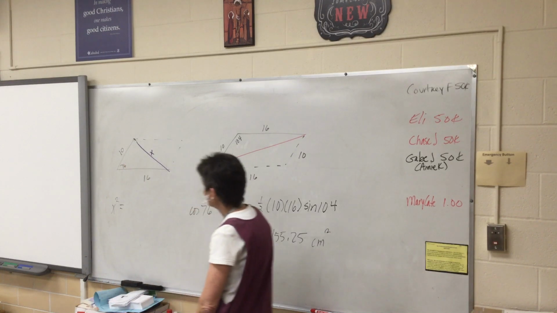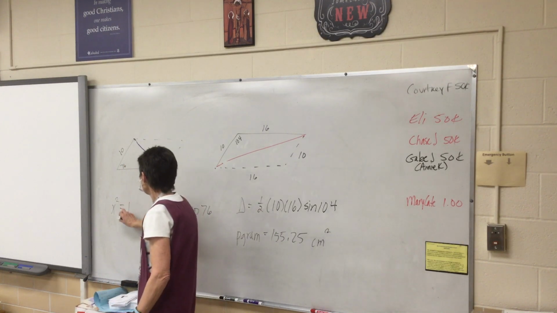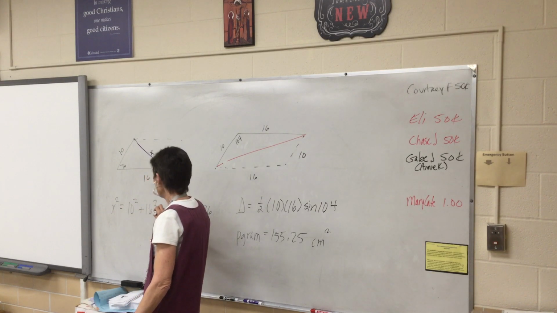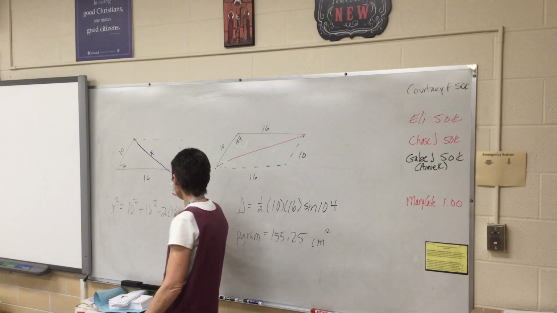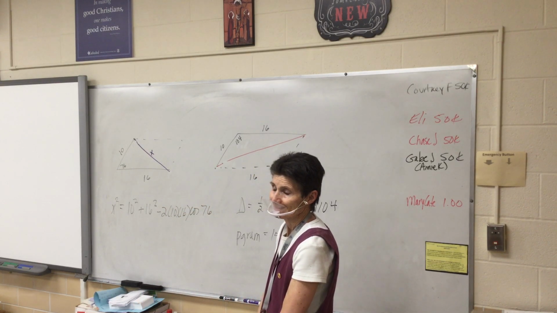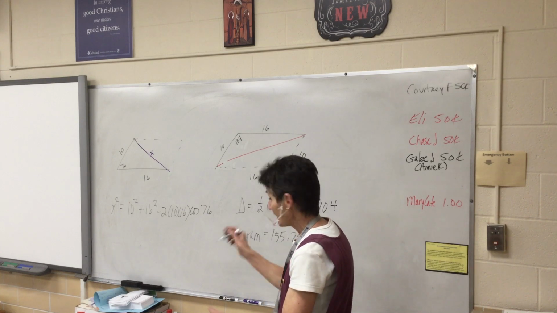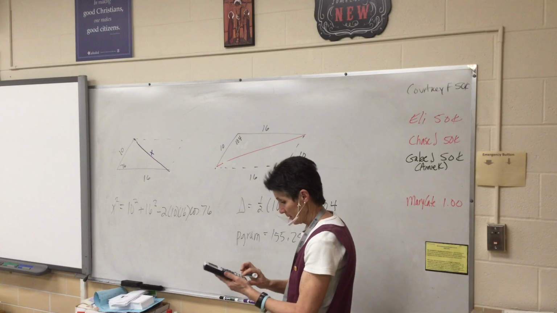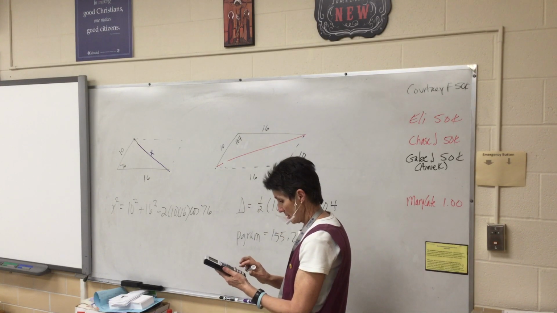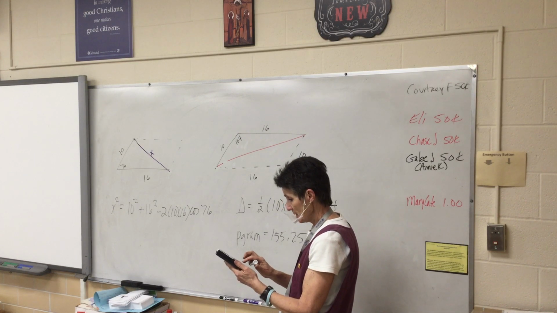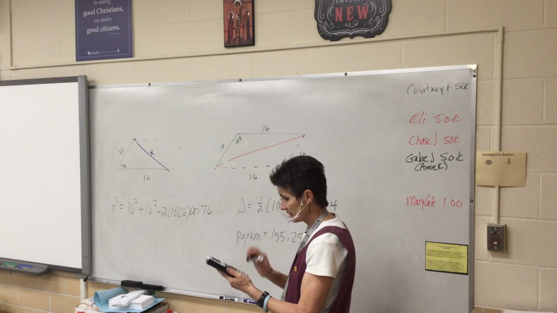And then what's going to be in the middle? 10 squared plus 16 squared minus 2 times 10 times 16 times cosine 76.